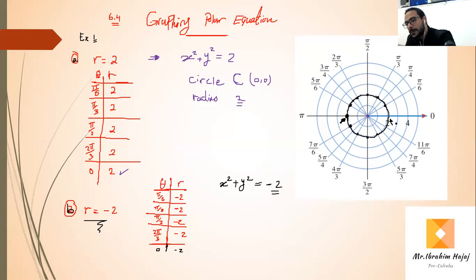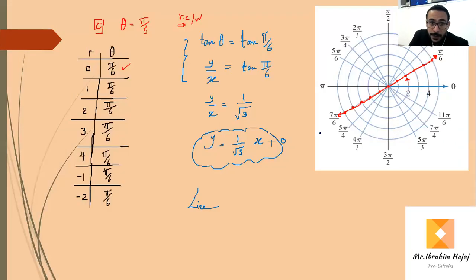When it's positive, we start from the positive part of the x-axis. When r is a negative number, like -2 or -5, we start from the negative part. When the equation theta equals pi over 6, it is a line. This line passes through the angle pi over 6, pi over 4, depending on the angle.